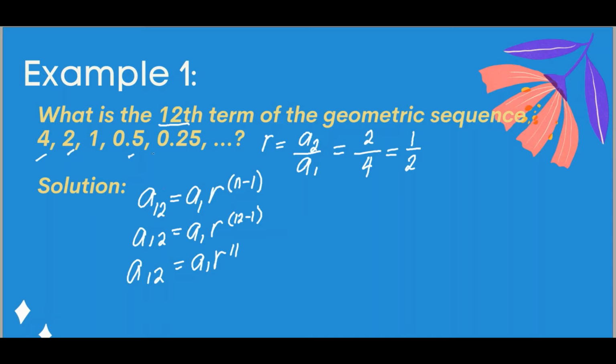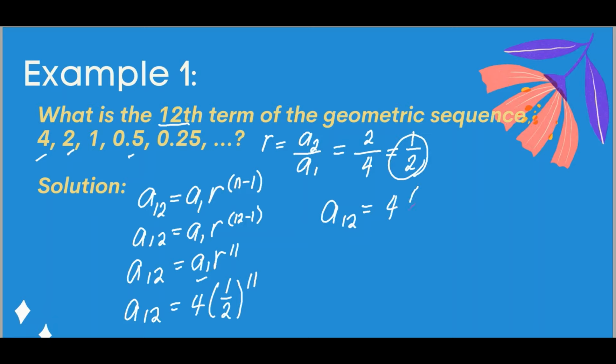Now, we know that a sub 1 is 4. So, we have a sub 12 is equal to 4 times our r, which is 1/2, to the power of 11. Now, we have a sub 12 is equal to 4 times 1 over 2 to the power of 11.